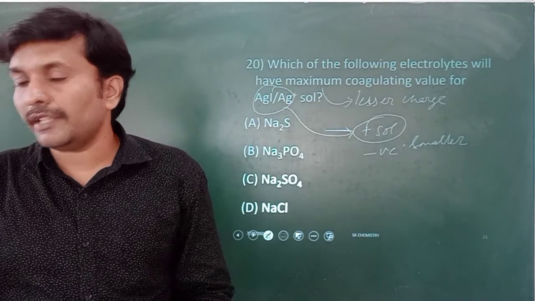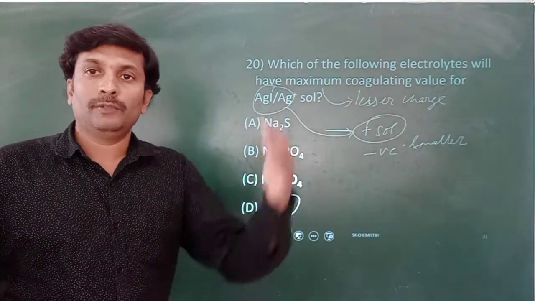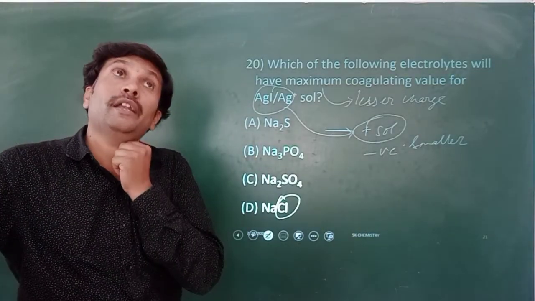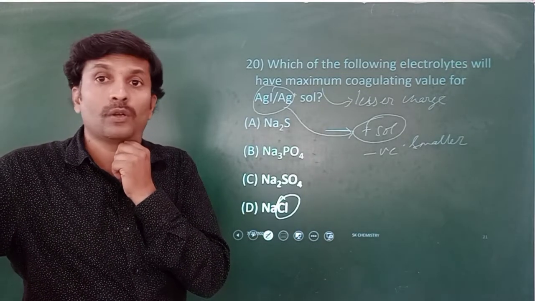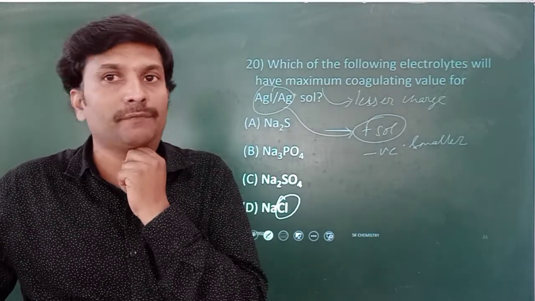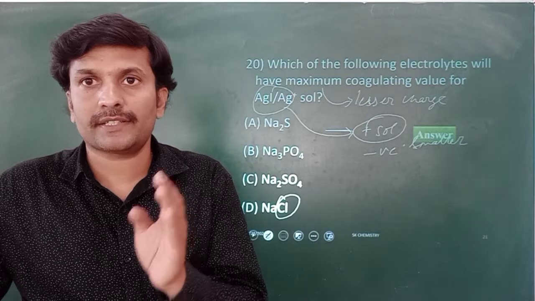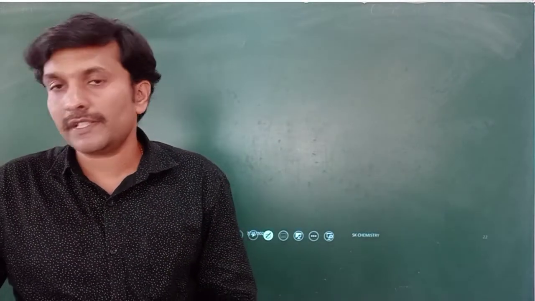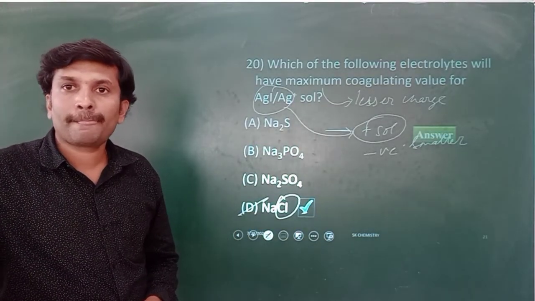Which is the one with the smaller negative charge? NaCl. Done. Otherwise you will be reading the question, reading the options, then you will think, oh, coagulation came in which chapter? Okay, fine. If you are lazy like that, you can't finish the paper. The immediate thought should be surface chemistry, this is like this. It should come spontaneously. So which is the correct option? It is option D.